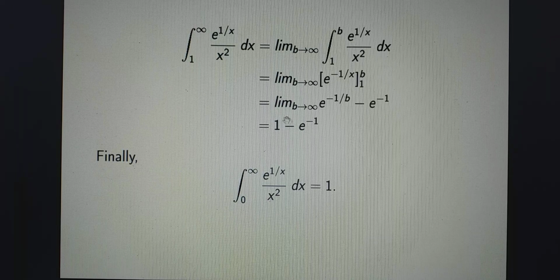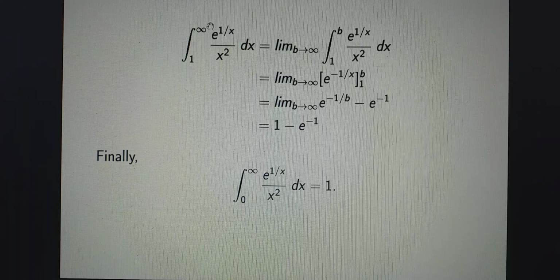Okay, and for the second part, this function is defined for all real numbers greater than 1, and we see that the upper bound is infinity.